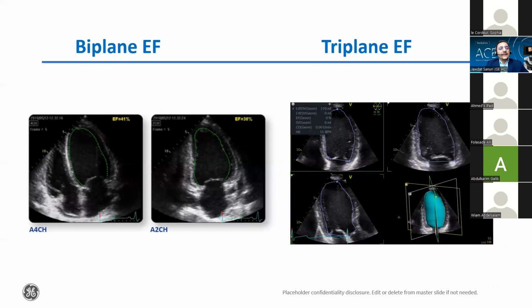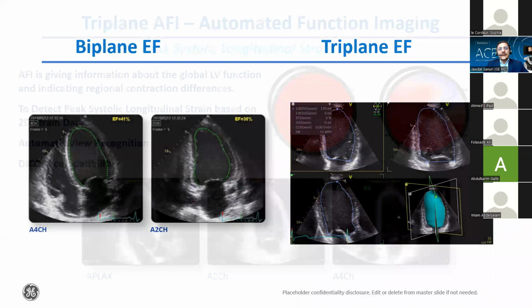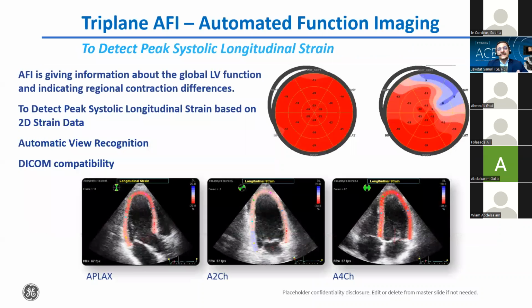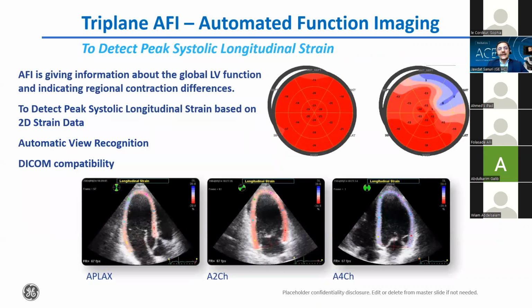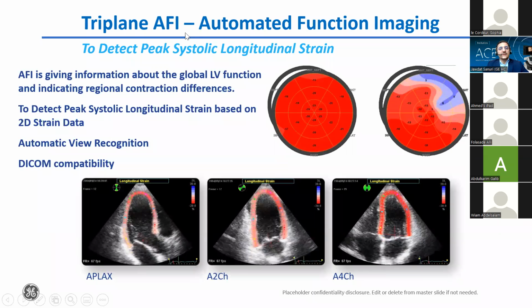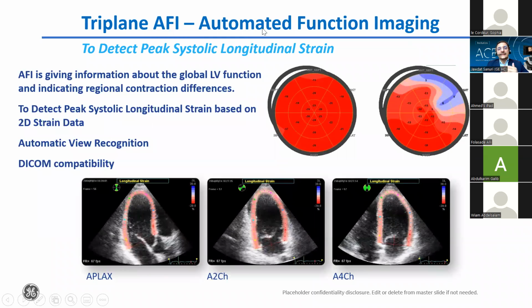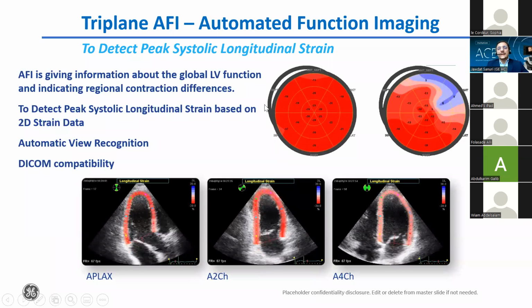Once you have the biplane or triplane multi-planar acquisition, you're able to do biplane ejection fraction or triplane ejection fraction, or even auto-EF, or even strain quantification, such as AFI, automated function imaging, which as you know is GE's tool for calculating longitudinal strain, and ultimately GLS, the global longitudinal strain, which is the average of all 18 segments.